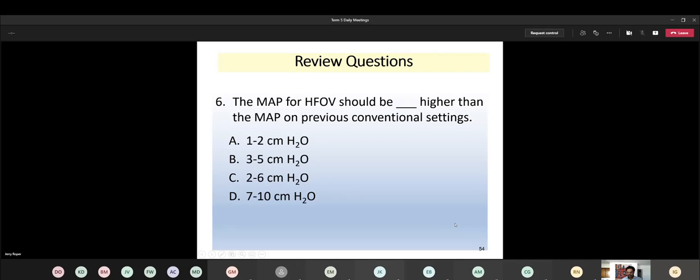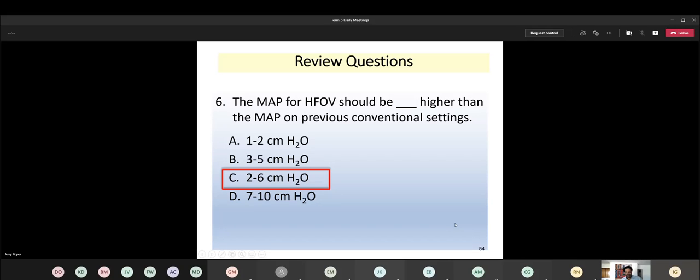All right, so this is something that was mentioned in, I'm trying to remember, the video that we saw the other day. Based on that hospital's guidelines it was saying one thing, and I believe in the chapter it is saying about 2 to 6.